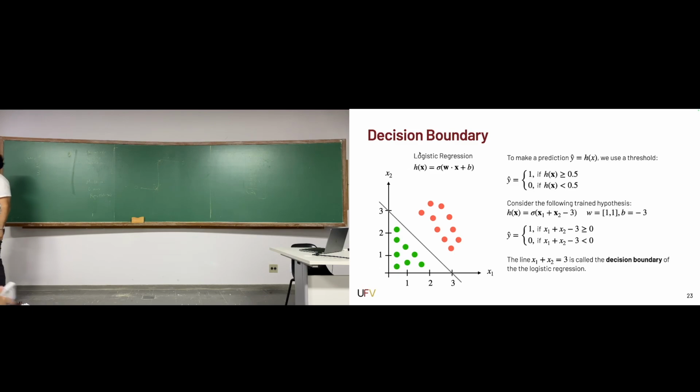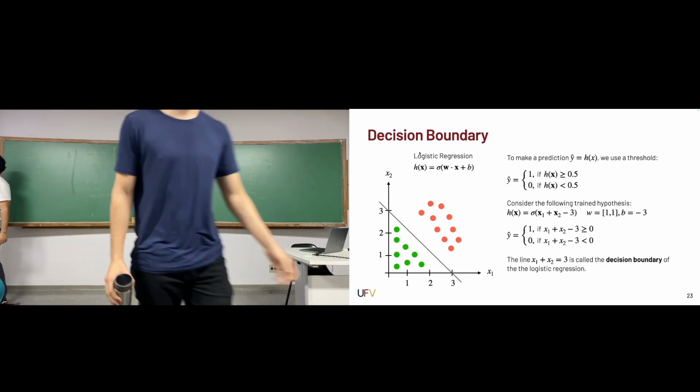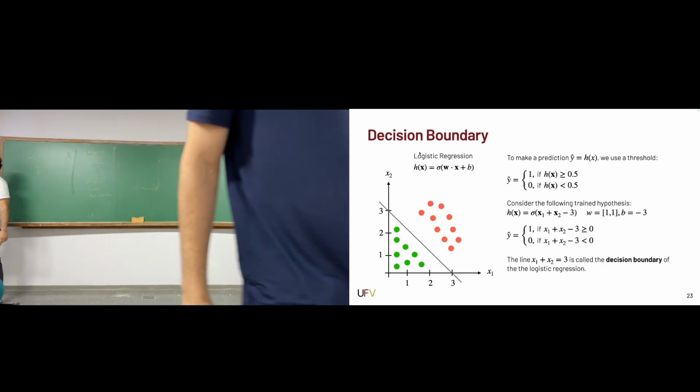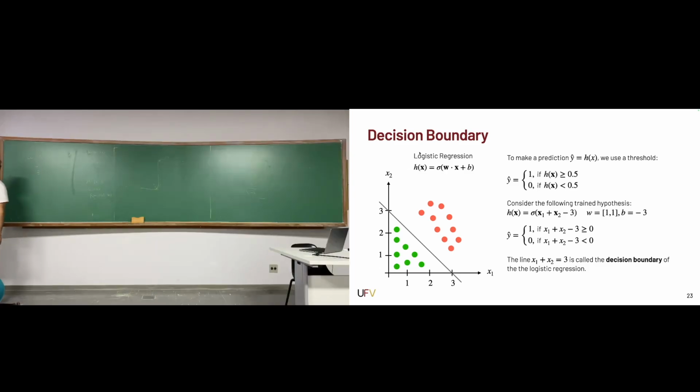Considering the following, imagine you have a model that is trained on this data set here, and this model has a theta vector of 1, 1. So you can imagine there's a 1 multiplying x1, a 1 multiplying x2, and then there's this bias term of -3 appearing here. Imagine I trained this model on this data set and I got this expression at the end.